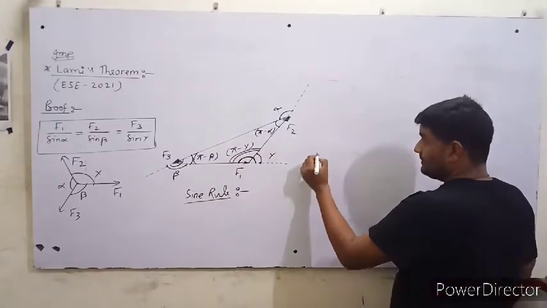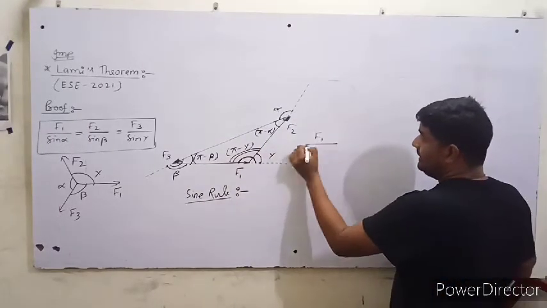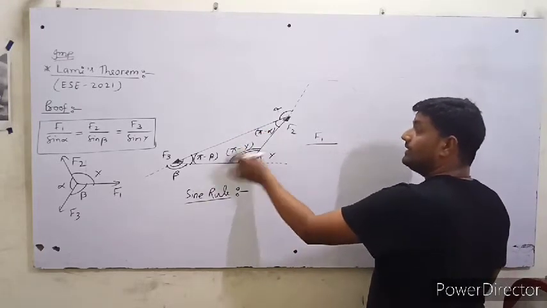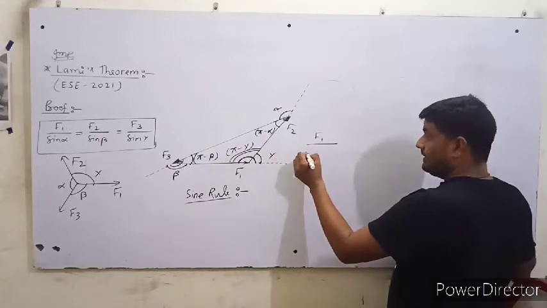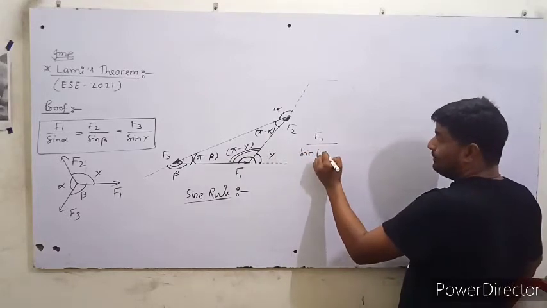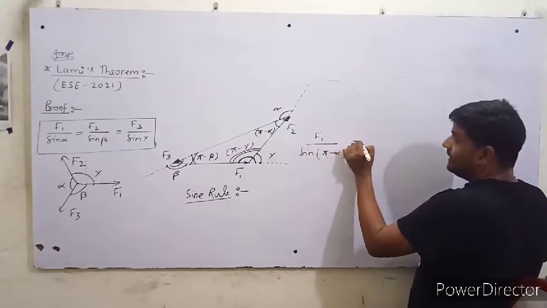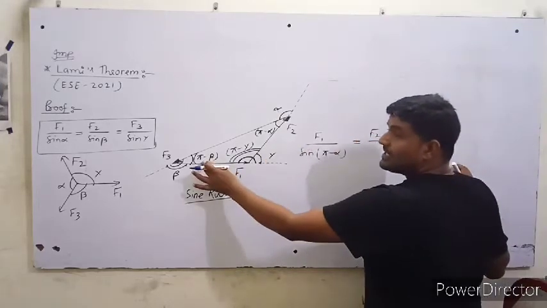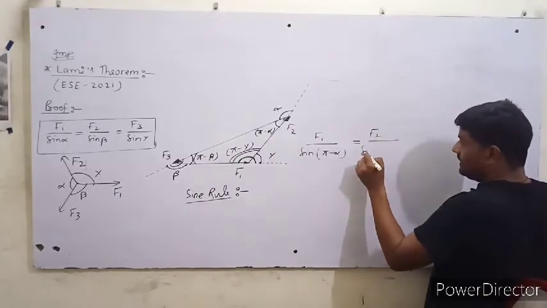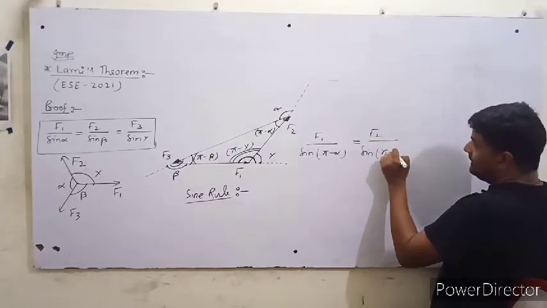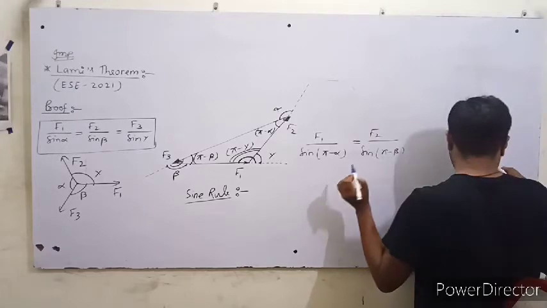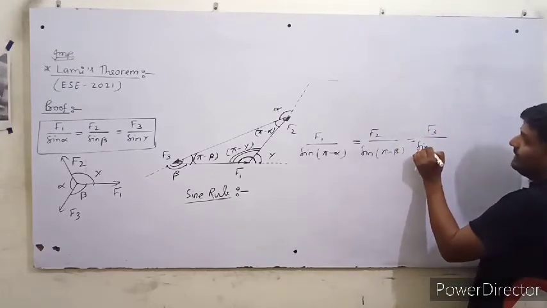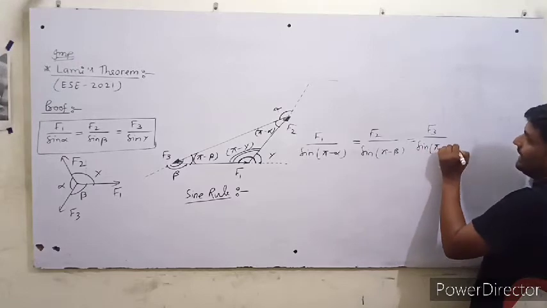That is, F1 upon the sine of the angle in front of F1, sine of pi minus alpha, equals F2 upon sine of pi minus beta, equals F3 upon sine of pi minus gamma.